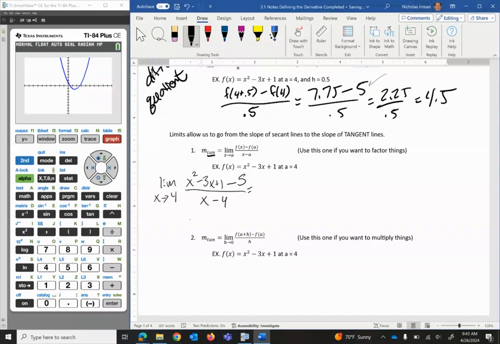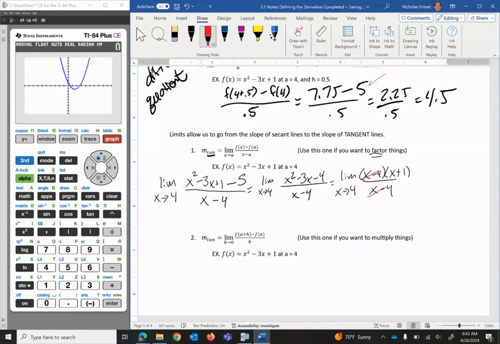On the top, I see a 1 minus a 5. That's minus 4. The top of this, I think, can factor. That'd be what? x minus 4, x plus 1. And that is fantastic.